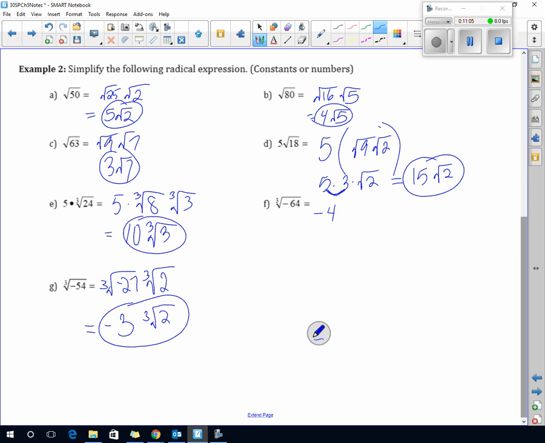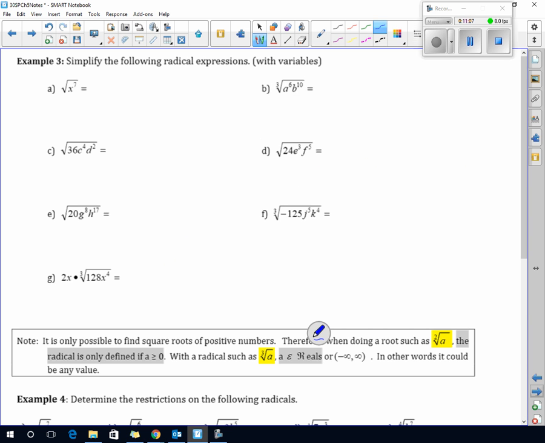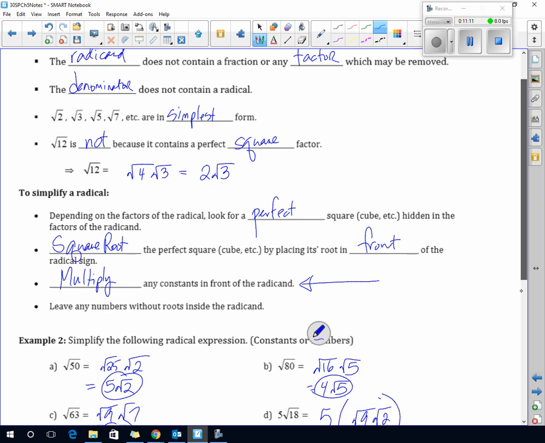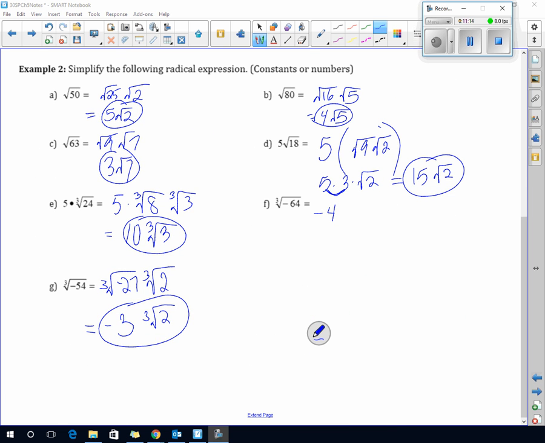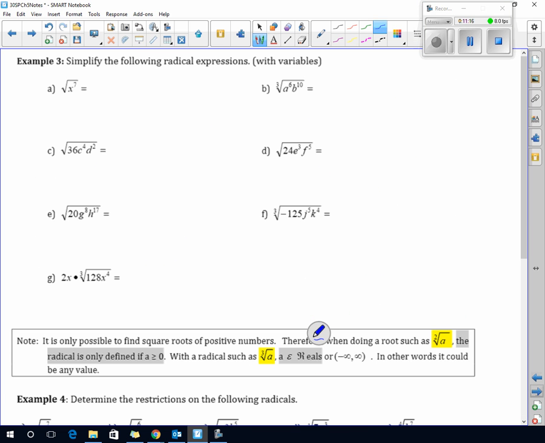Okay, so simplify this. So how would you do this with variables? You need to write it as a perfect square. What would the perfect square be that goes into 7?